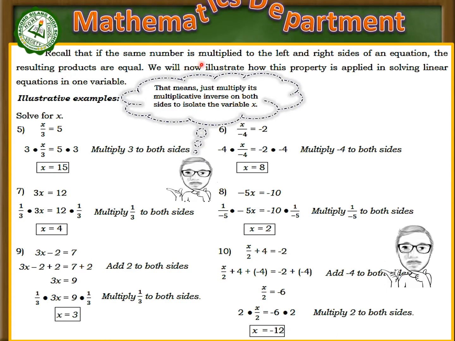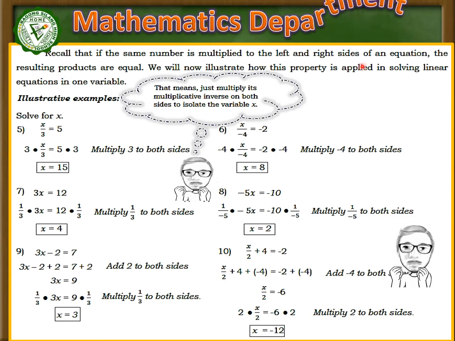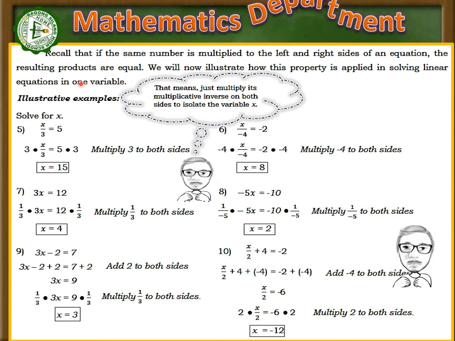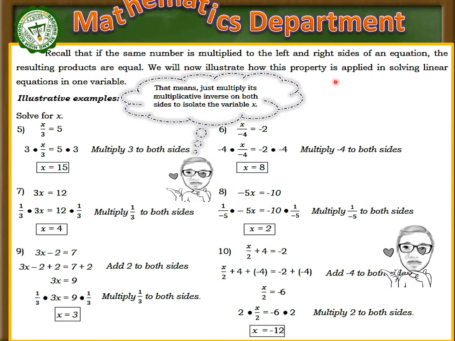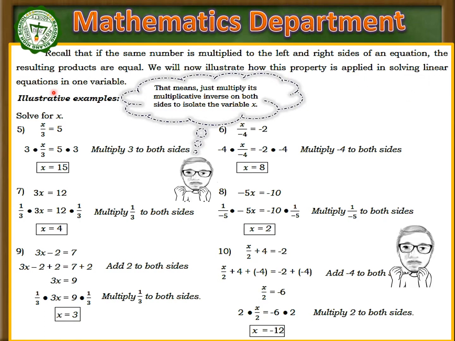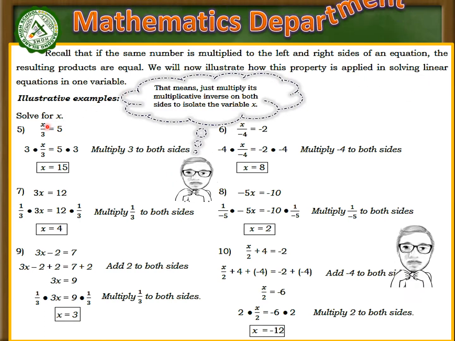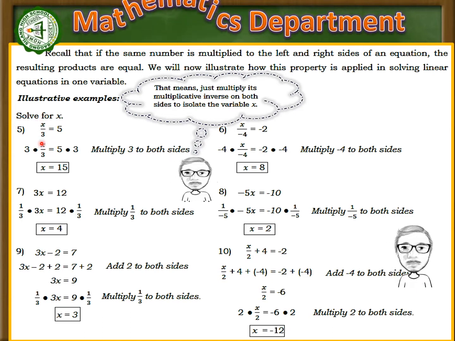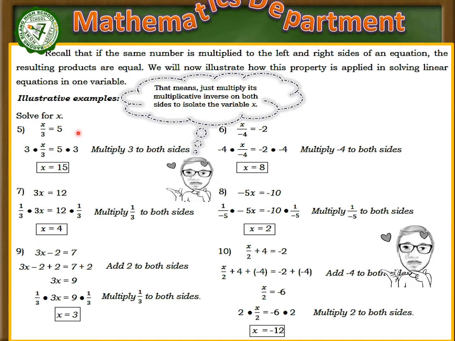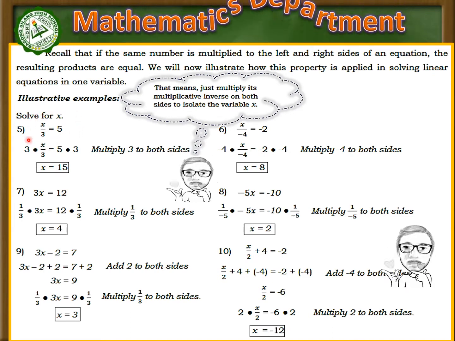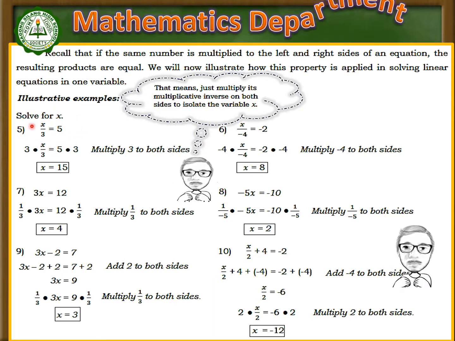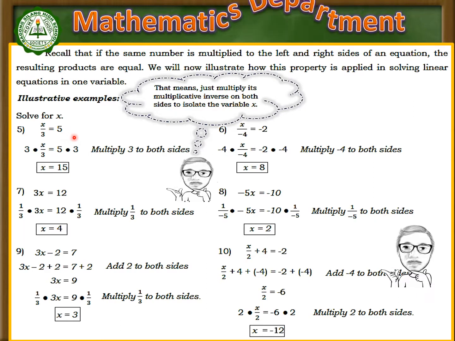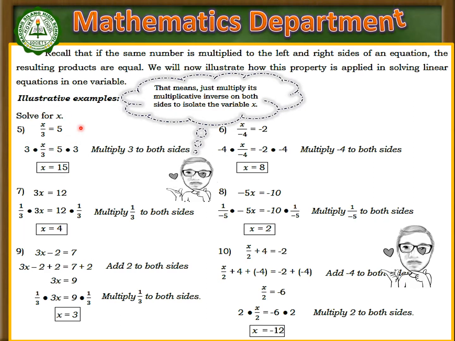Recall that if the same number is multiplied to the left and right sides of an equation, the resulting products are equal. We will now illustrate how this property is applied in solving linear equations in one variable. Solve for x. x over 3 equals 5. You think of a number that, once you multiply it on the right side and left side of the equation, what remains will be the variable x on the left side.